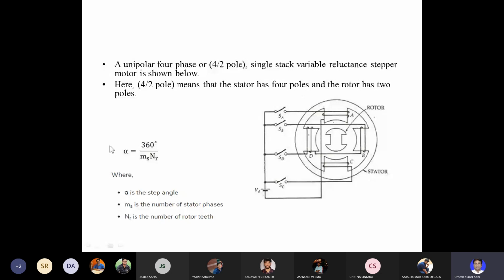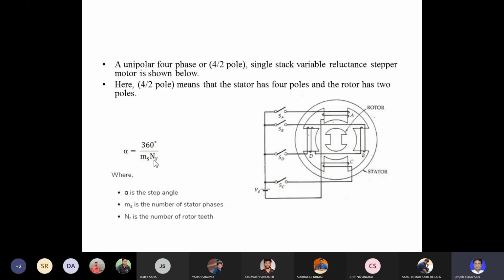So depending on this, we can obtain the step angle of this motor equal to 360 degree divided by number of phases and number of teeth or poles in the rotor. So you have 4 poles in the stator, 4 phases in the stator, and 2 poles in the rotor.